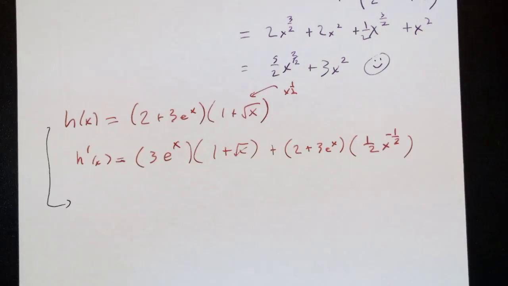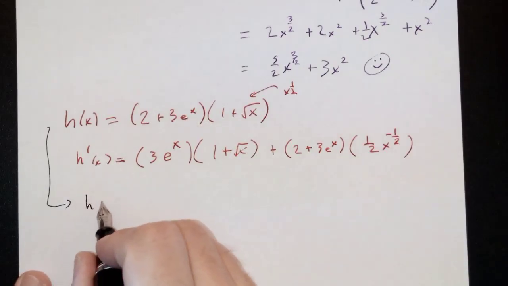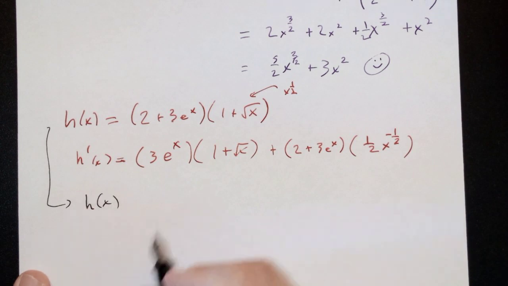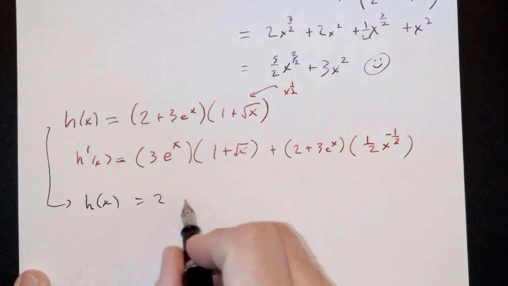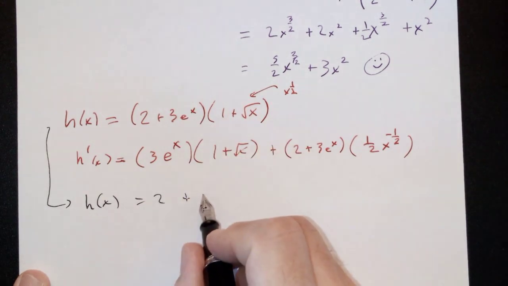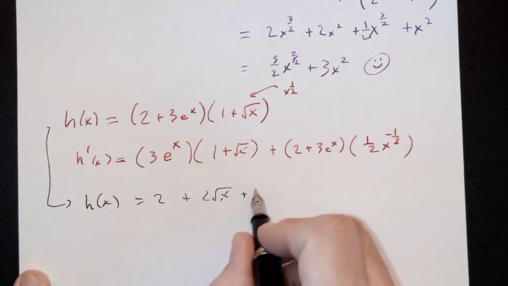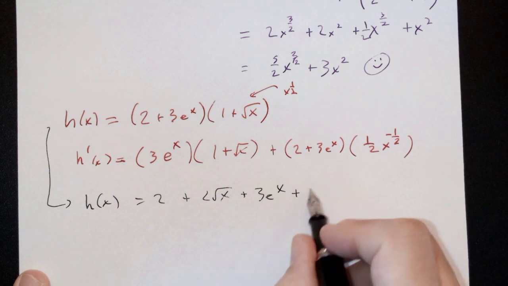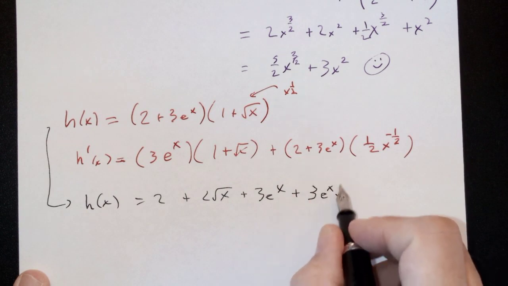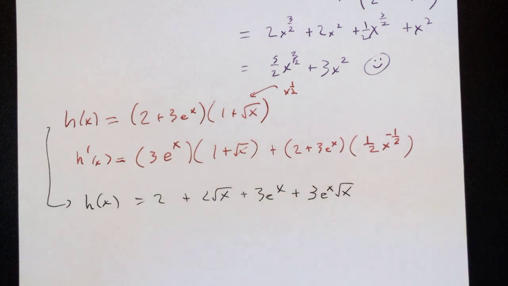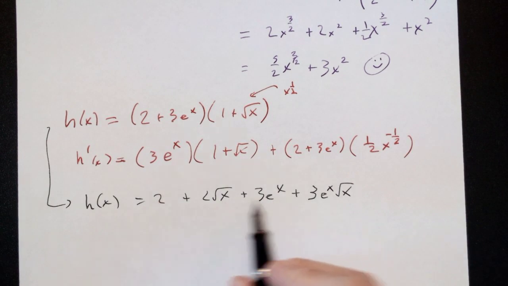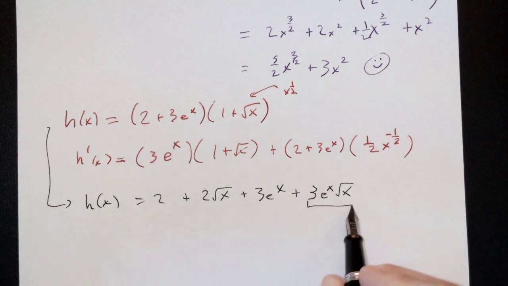But if I started with the multiplying out here, that would still be h. You'll notice there's no prime. 2 plus 2 square root of x plus 3e to the x plus 3e to the x square root of x. So I can take the derivative of this and this and this, but when I go to do that, that's where I need the product rule anyway.